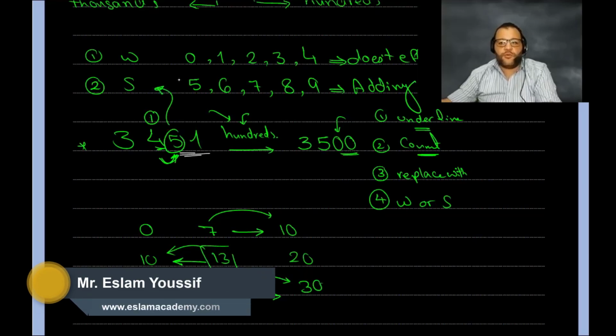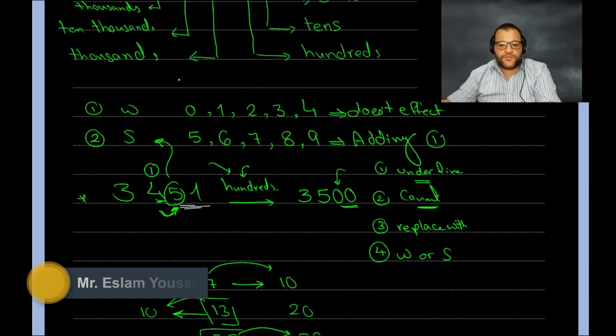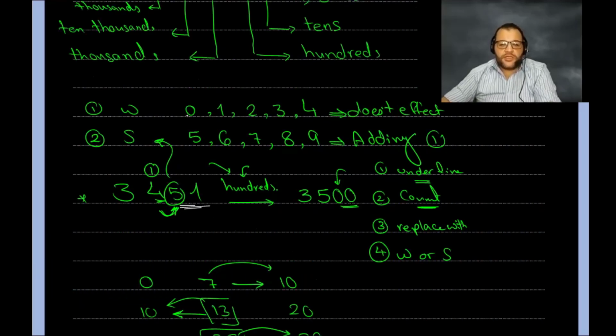What is the relation between the strong and the weak numbers? The weak numbers don't affect the rounding; they keep the number without any change. But the strong numbers add 1. So 5 is from the strong numbers, so we add 1. 1 plus 34 equals 35. Then we write 3 without any change.